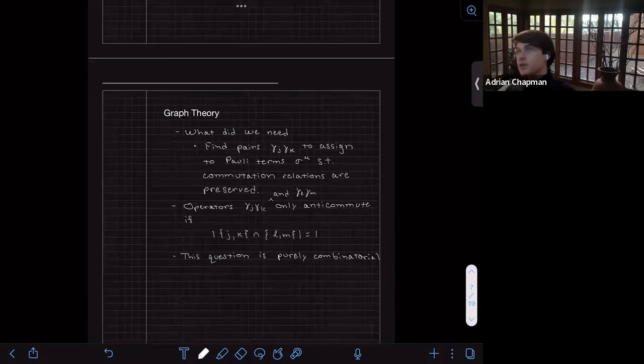And to that end, I'm going to define something to keep track of the commutation relations of the Hamiltonian. This is what we call the frustration graph. So, commutation relations.